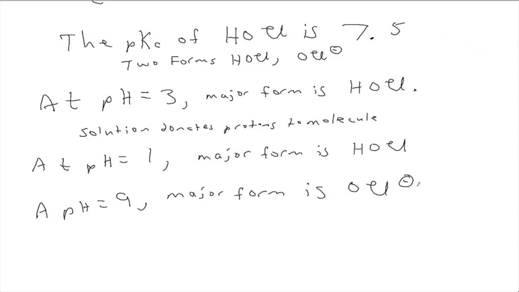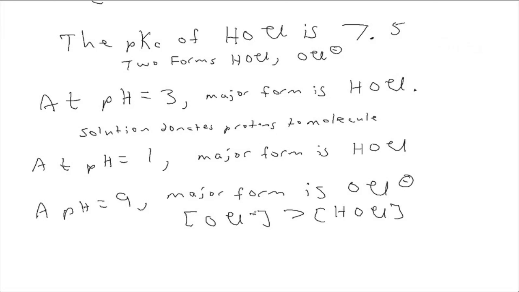Okay, so by major form I mean the one that occurs most often. What this means is that the concentration of the deprotonated form will be greater than the concentration of the protonated form. That's what I mean by the major form. There's always going to be an equilibrium between these. Because these are weak acids, there's always going to be a mix.